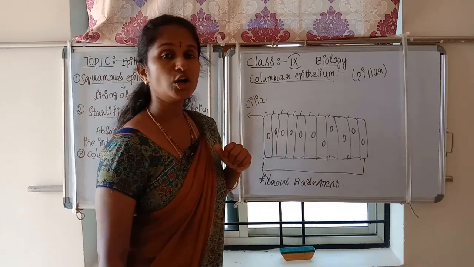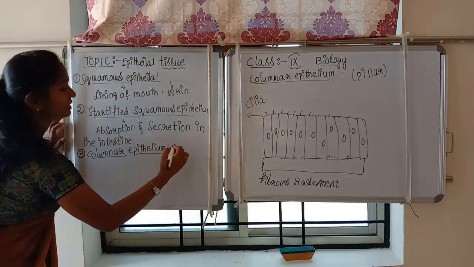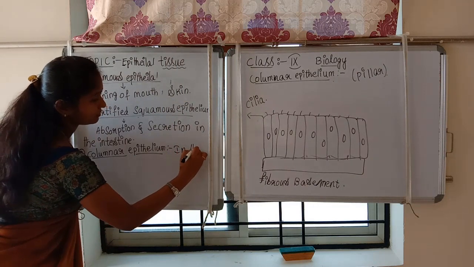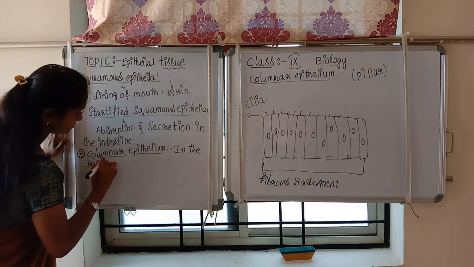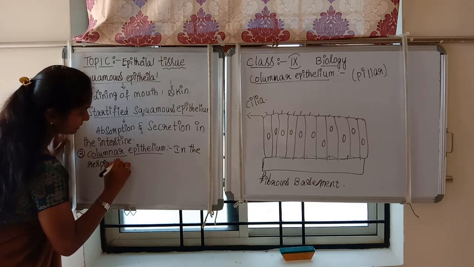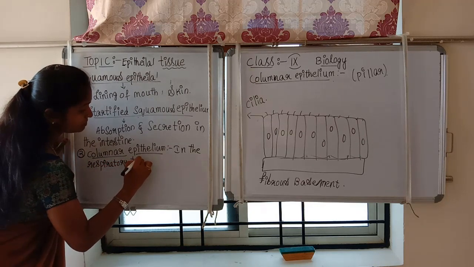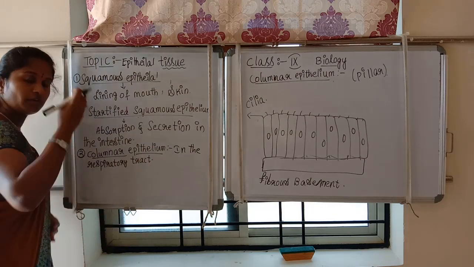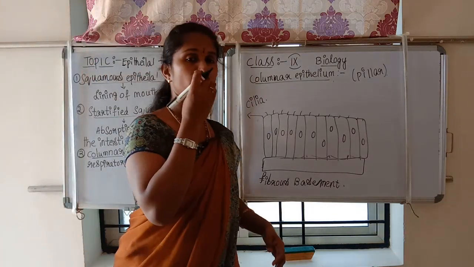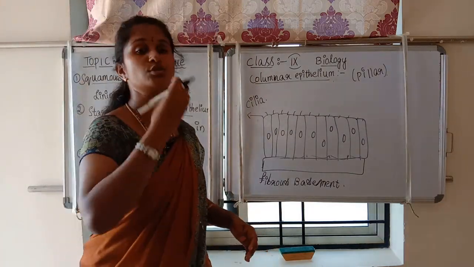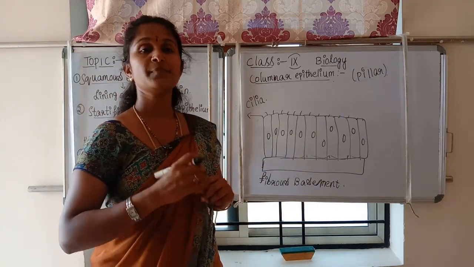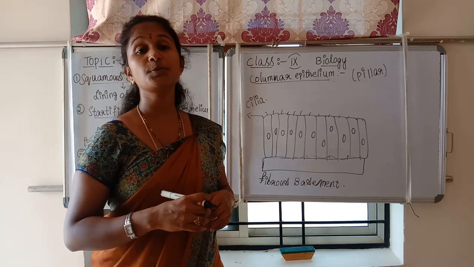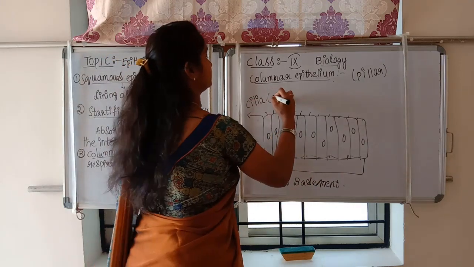And where will this columnar epithelium be present? In the respiratory tract. Respiratory tract means when we breathe, from the nostril through the respiratory tract to the lungs, this columnar epithelium will be present, and the cilia are going to help with mucus.